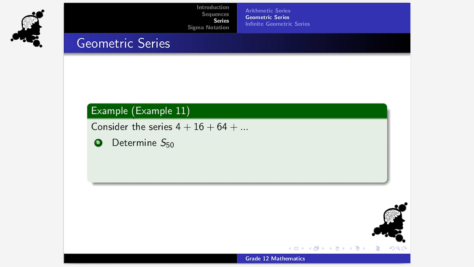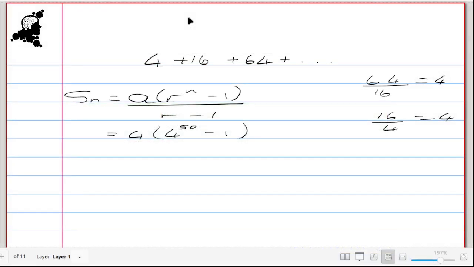So Sn is equals to a into r to the n minus 1 all over r minus 1. Oops, sorry, you guys are not seeing this. There we are.